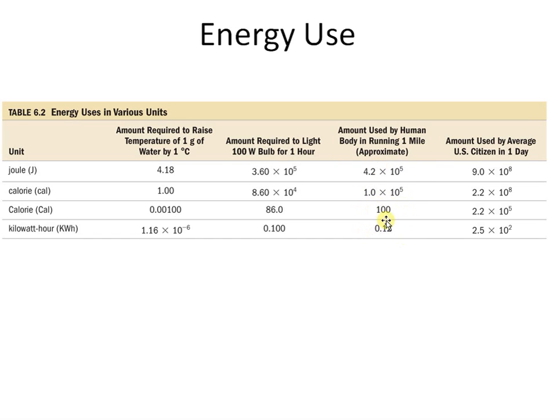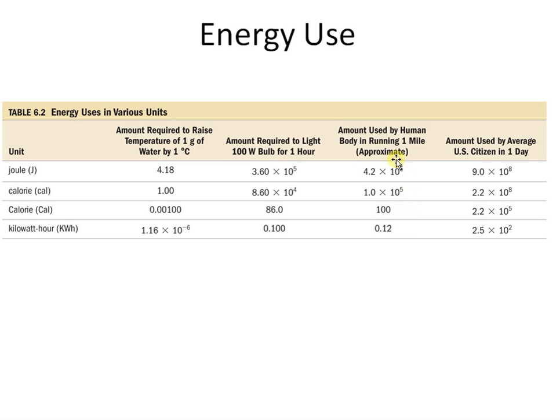Here you have like 100 calories with capital C. This would be 100 food calories. So, for instance, if you are eating a Big Mac, with the whole supersize and so on, maybe we're talking about 300-400 calories. You will really need to do a lot of running to get rid of those 400 calories.